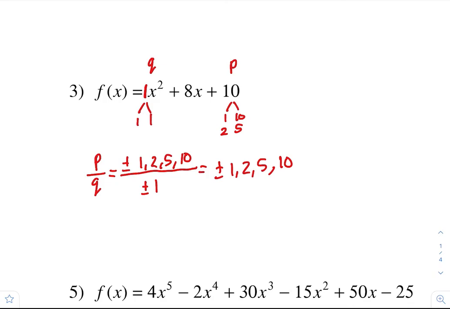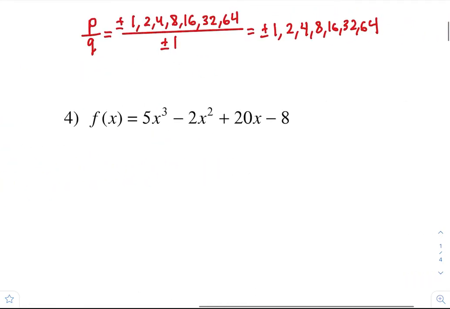So again, numbers 1 through 8, you guys, is just have you practice getting all your possible rational zeros. Alright, here, this one's p, this one's q. So all the factors of -8.